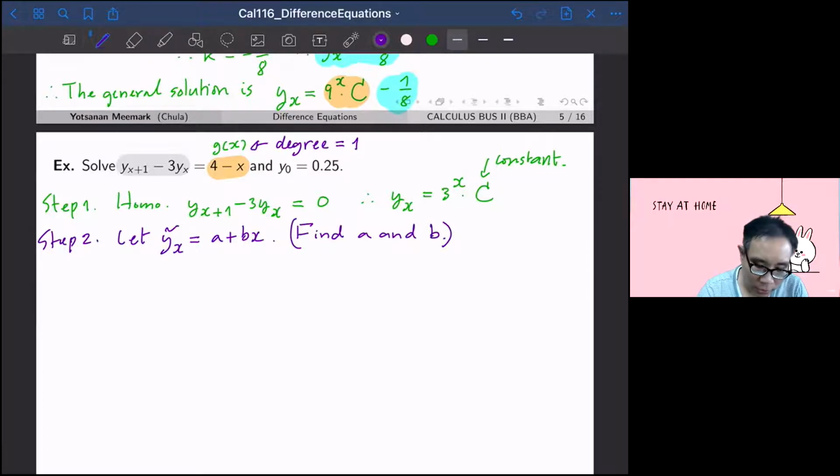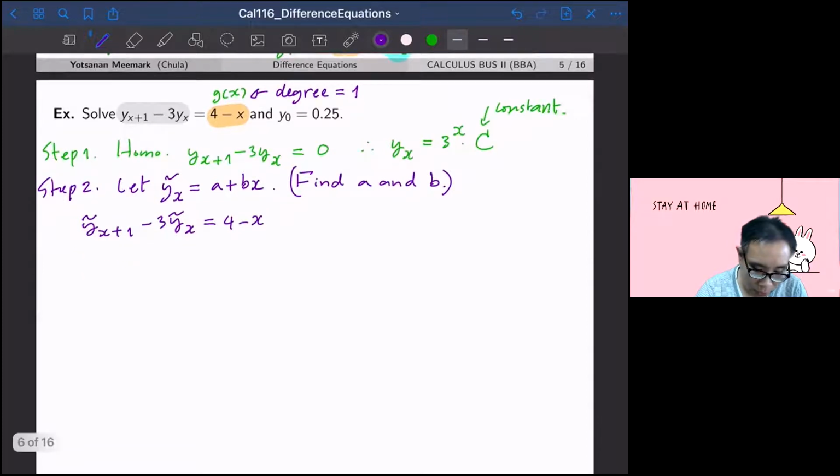So we know that y tilde(x+1) minus 3y tilde(x) equal to 4 minus x. The notation is called tilde, T-I-L-D-E.